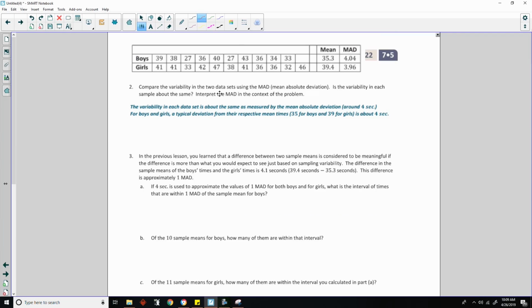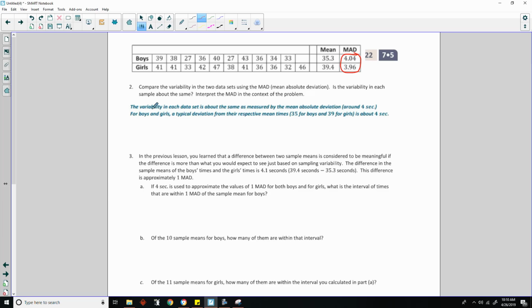Okay, so in comparing the MAD, mean absolute deviation, we're looking at these two values. The variability in each data set is about the same as measured by the mean absolute deviation, around 4 seconds. So for the boys, it was 4/100ths of a second above 4 seconds, and the girls was 4/100ths of a second below 4 seconds.